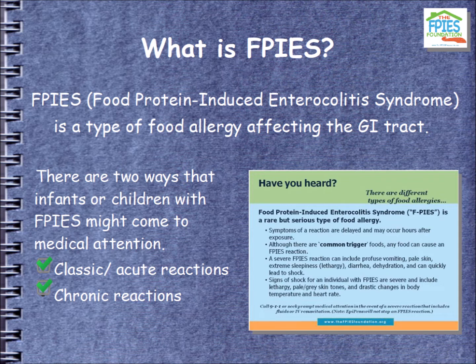It just explains FPIES in some really basic common sense language, and on the back of the card it gives some ideas about how people can help to prevent FPIES reactions in affected children, and how we can keep our areas safe for these children. So if you want to request this or any other resources you see on our website, again, feel free to reach out to us and we're happy to send things your way.